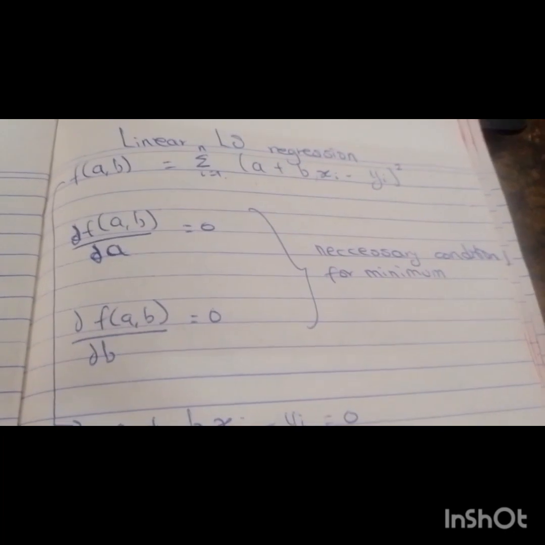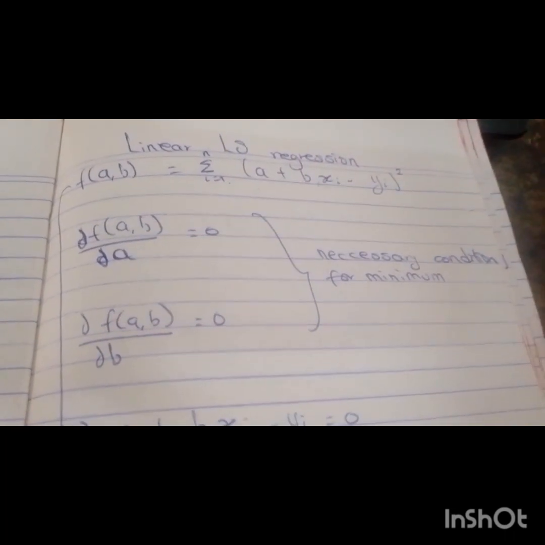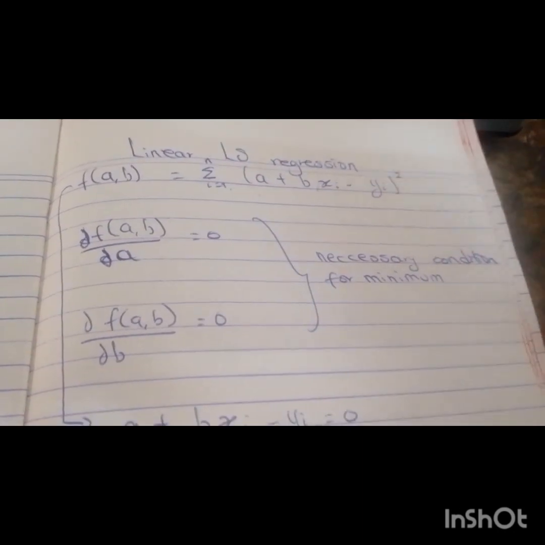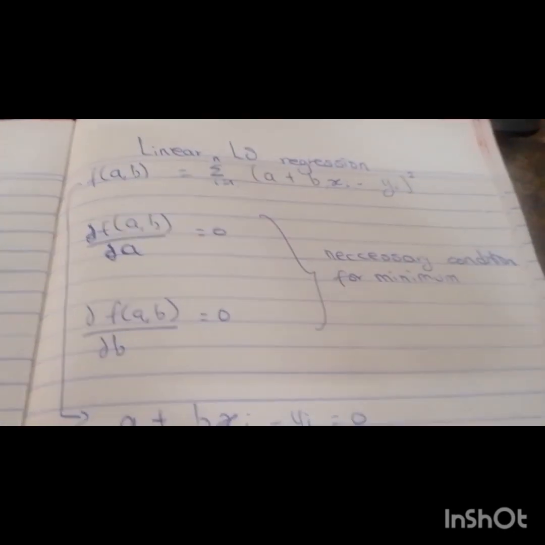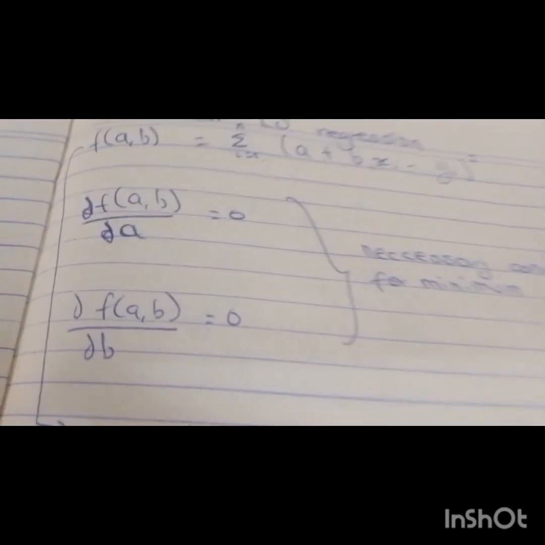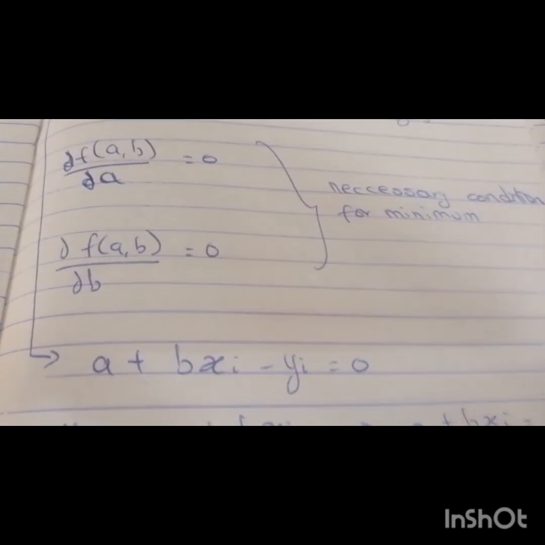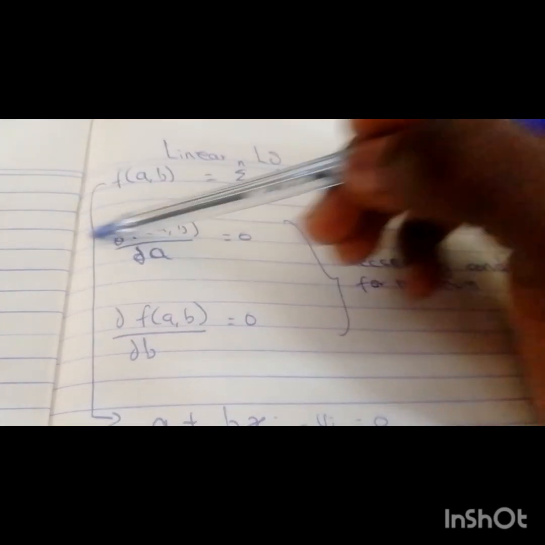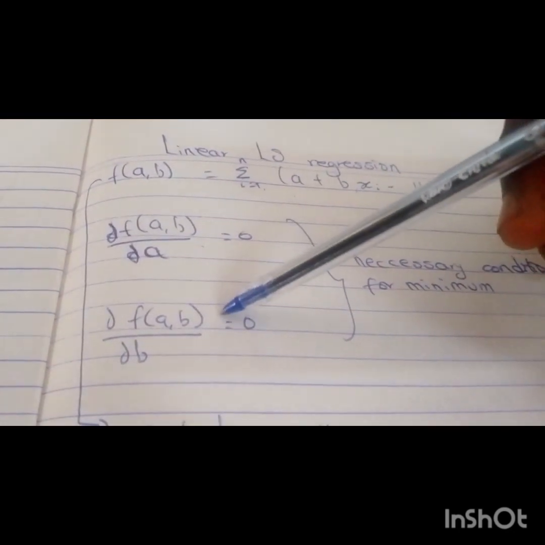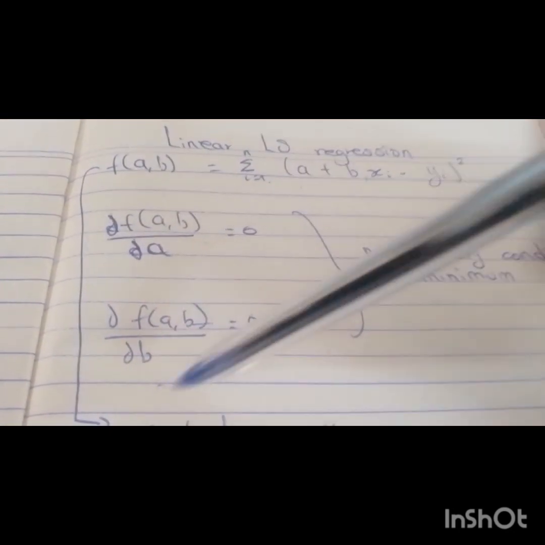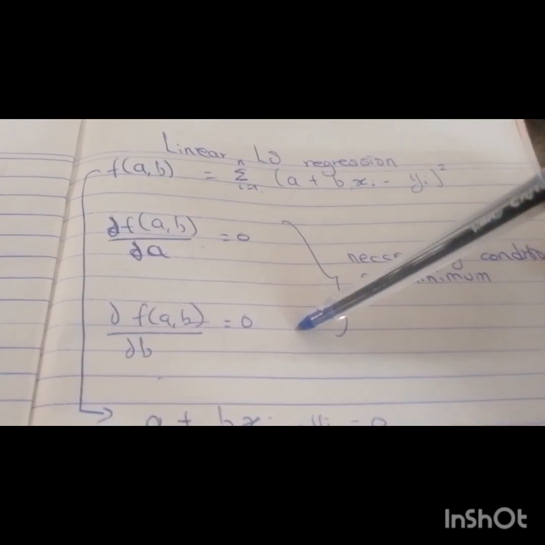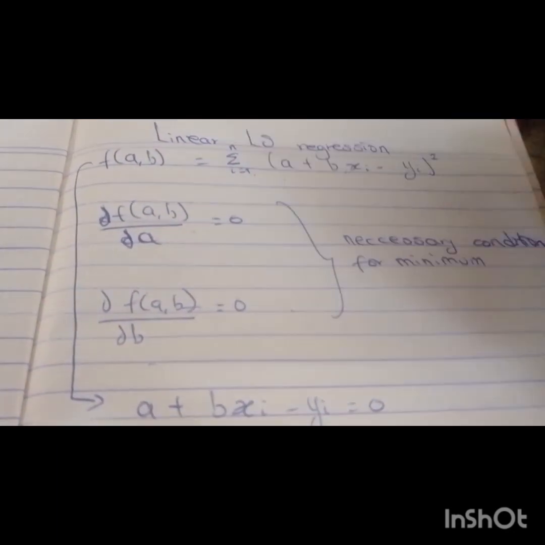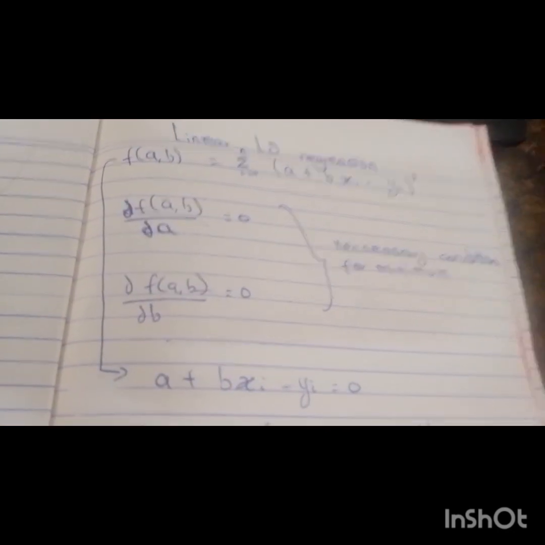What does it mean if a partial differential with respect to one of the variables in a function is 0? How the whole function is changing with respect to just a should be 0, and how the whole function is changing with respect to b should also be 0, because we are talking about a linear graph here. That's just it.